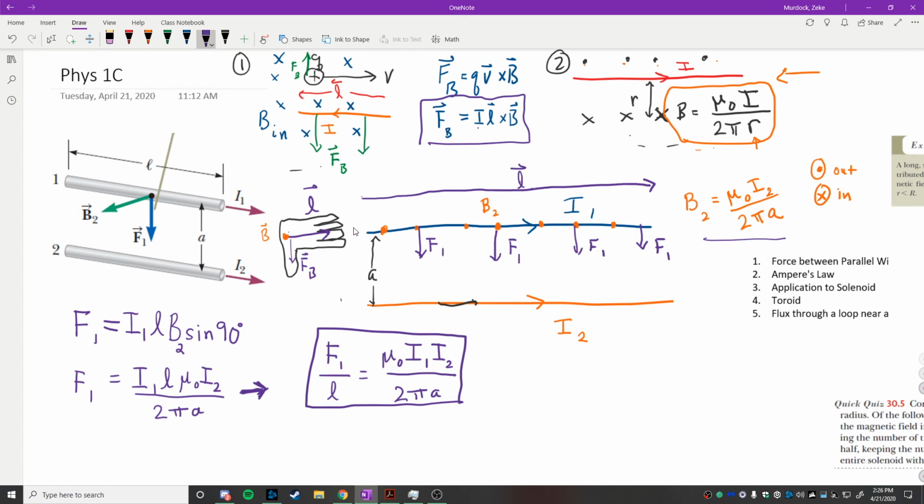And we can make the following statement. This force is attractive when the wires carry current in the same direction.